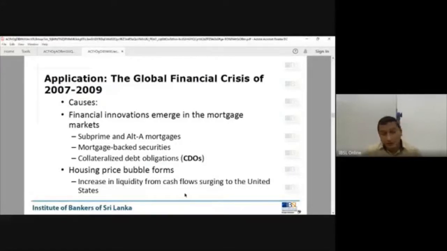So it's a very good circumstance, as everybody was seeing that prices in the mortgage market, the real estate market, were increasing in the US. Assume for the time being it is one-way traffic. So this is how financial innovations emerge, especially in the mortgage market, with a lot of new thinking in economics and other related areas, where financial engineering, we will talk about those things.